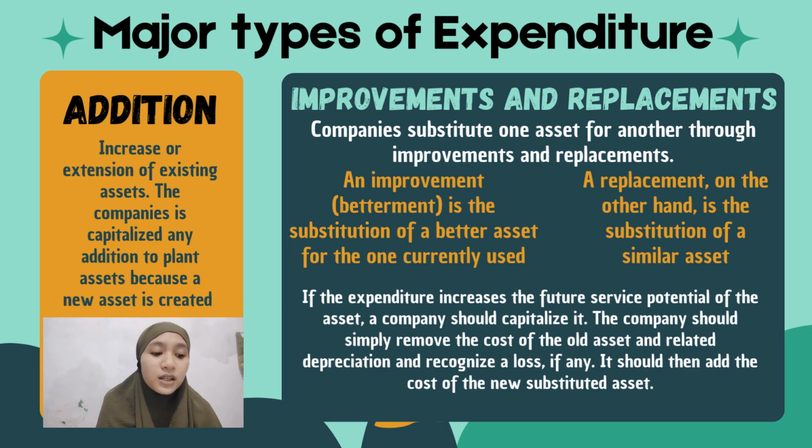If the expenditure increases the future service potential of the asset, a company should capitalize it. The company should simply remove the cost of the old asset and related depreciation and recognize a loss, if any. It should then add the cost of the new substitute asset.